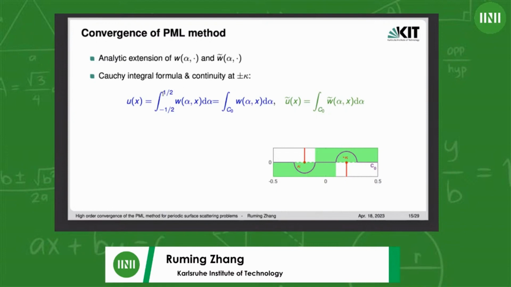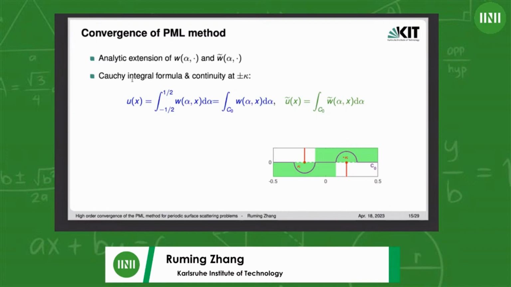So we replace the integral contour from the line segment minus 1/2 to 1/2 by C0, which is a purple curve like that. So we go through a straight part, then the lower half circle, and then the upper half circle.